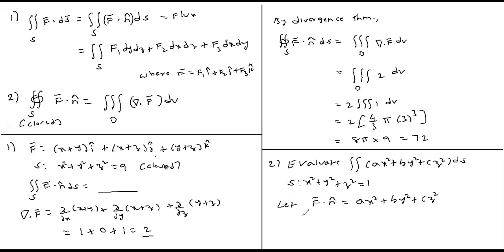What is n bar? N bar is the unit outward normal vector to S. What is its formula? Del phi by mod del phi.